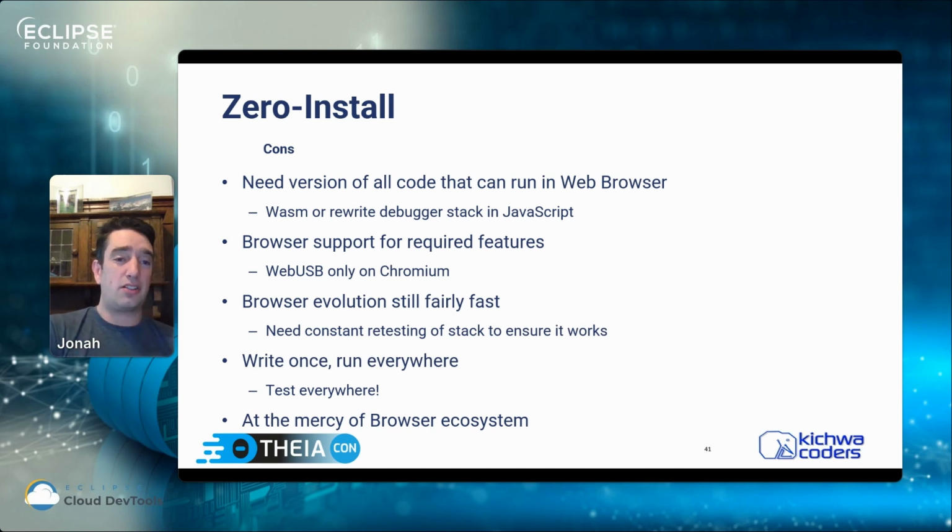So it does allow us to write once and run it everywhere. The same code works on Windows, Linux, whatever, because it's all running in the browser. But you still do need to test it everywhere. Some of the behaviors of WebUSB differ slightly between Windows and Linux, for example. So in summary, we're basically at the mercy of the browser ecosystem, which is somewhat of a con here.